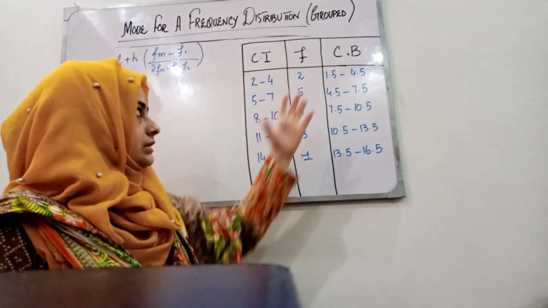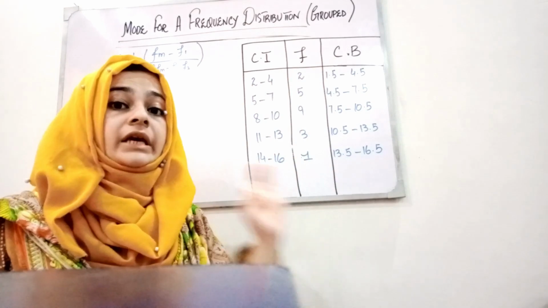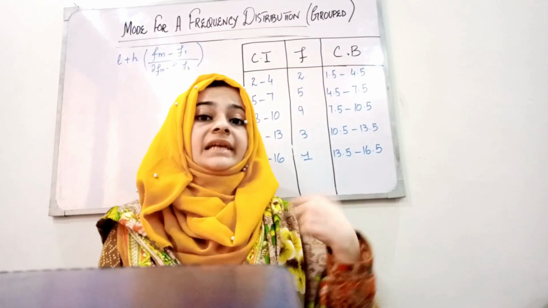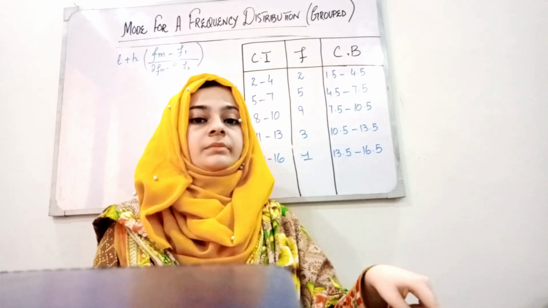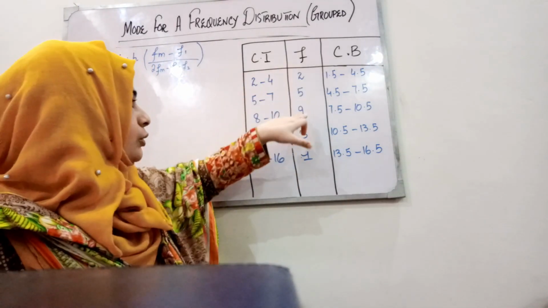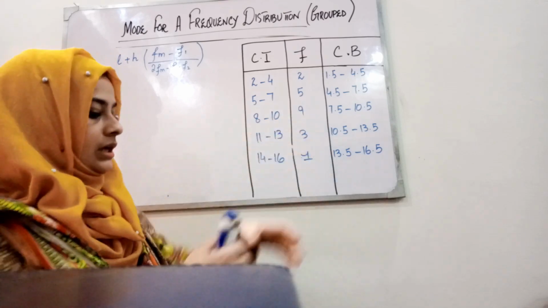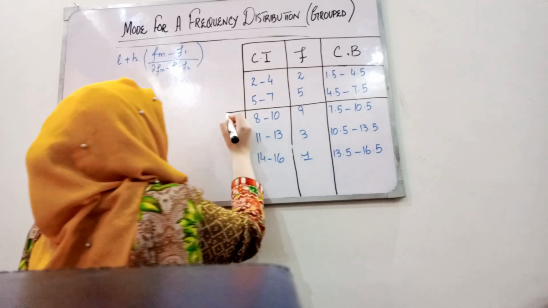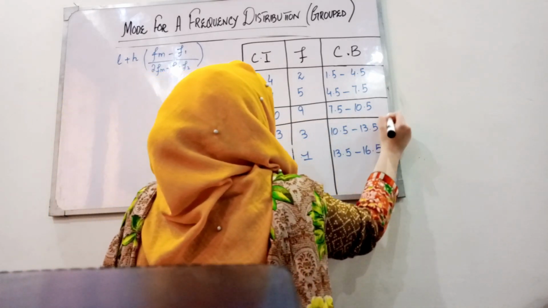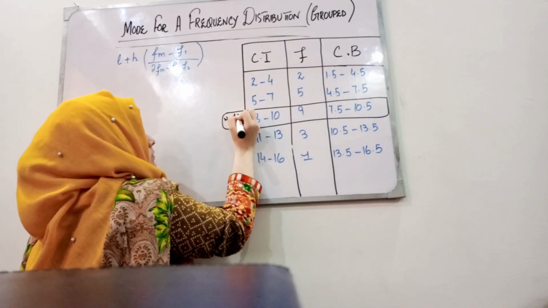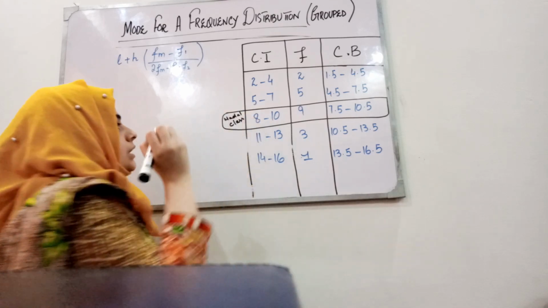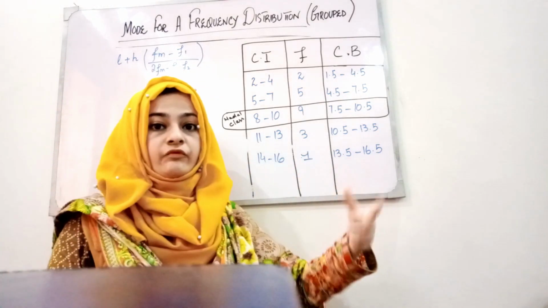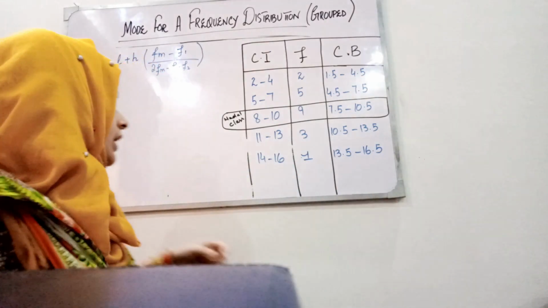Then after constructing the class boundary, we need to locate our modal class. Where there is maximum frequency, that class will be our modal class. So the maximum frequency lies in this particular class, so this will be our modal class. Now with the help of the formula, we will find Fm, F1, F2, L and the width of the class.